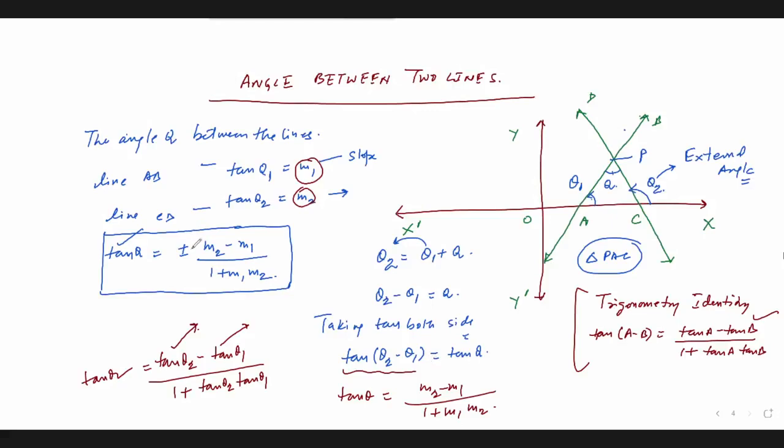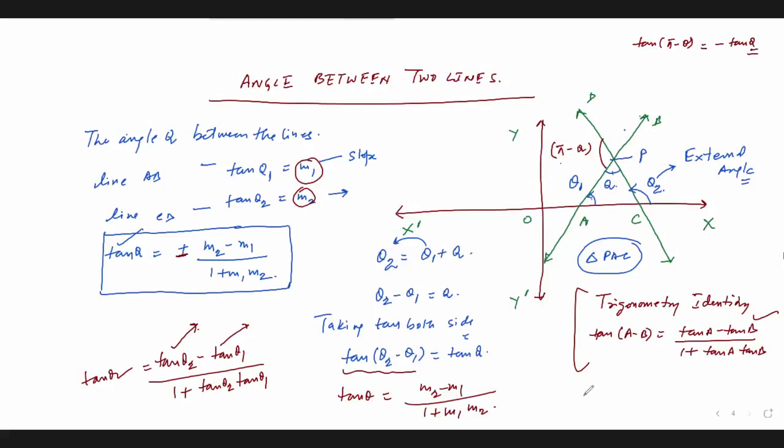But when I introduce the formula, the negative sign is also coming. I have only proved my positive sign. So when I'm talking about my negative sign, I will be talking about another angle, that is 180 minus theta, that is pi minus theta. So if I talk about pi minus theta, then what is tan of pi minus theta? Tan of pi minus theta is nothing else but minus tan theta.